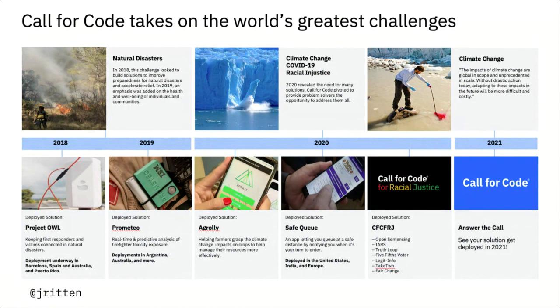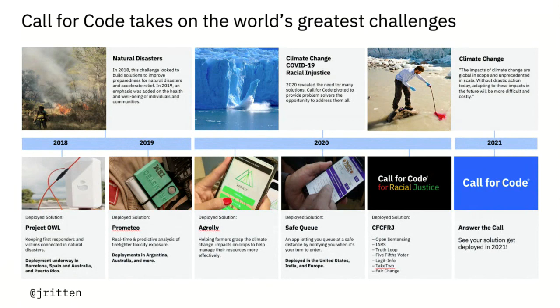We have a deployed solution, Prometeo. Here we have an example of the architecture for Agrali. These are all Call for Code solutions that not only won the $200,000 prize, they also have been working with IBM Call for Code teams to implement their solutions.